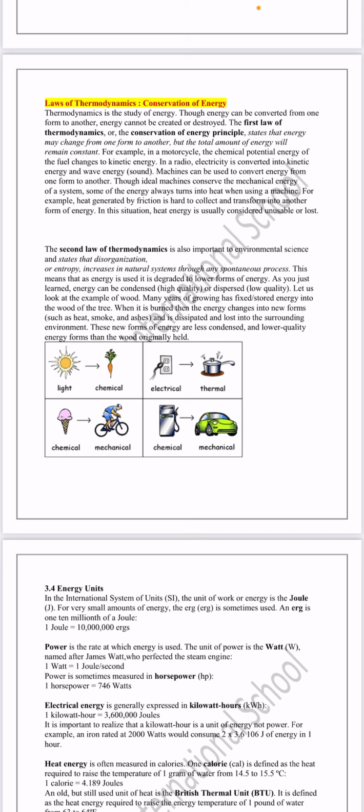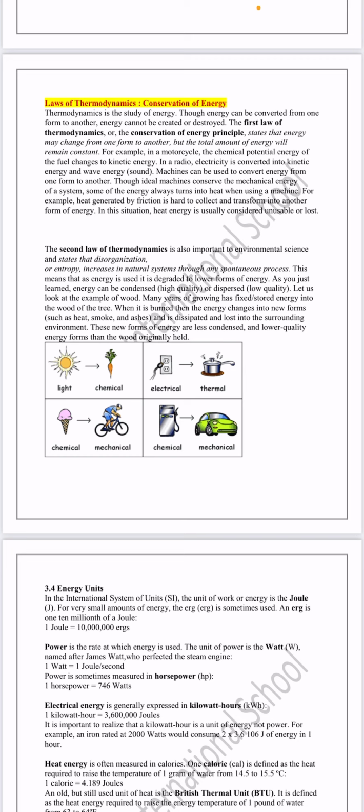It states that energy may change from one form to another, but the total amount of energy will remain constant, which means that if a machine has input energy of a certain amount, the output energy is going to be the same amount. It's going to be constant, and only the form of energy is going to change.